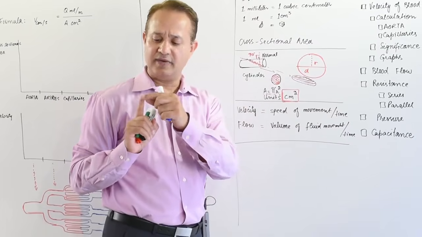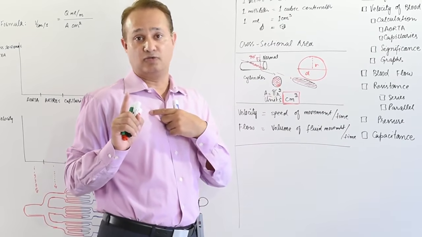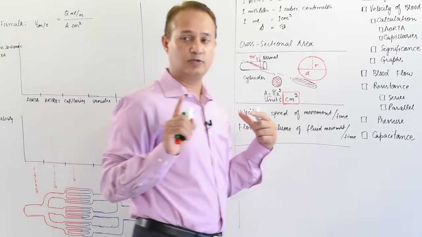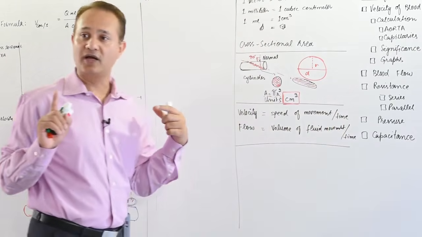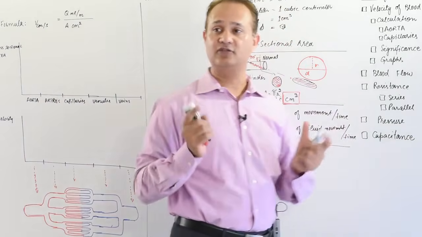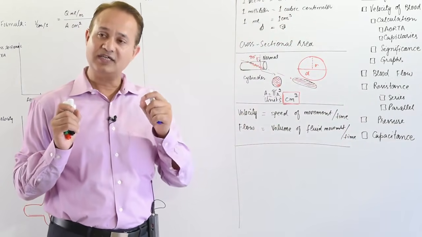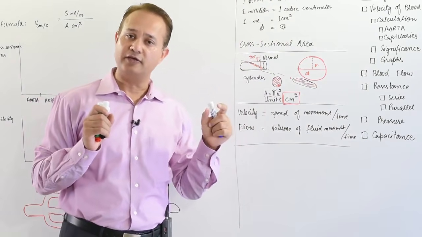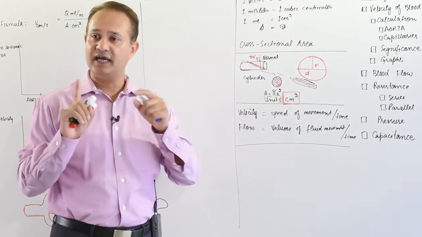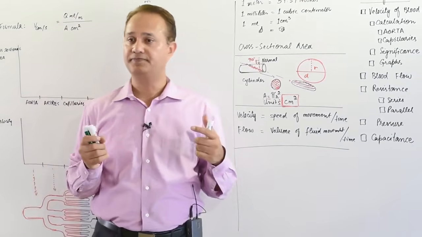So here, imagine if this is an RBC, and imagine the blood volume is about 1 liter. If this whole thing is moving together, then the velocity of the RBC and the velocity of the rest of the 1 liter of blood is the same. So velocity doesn't have much to do with the volume. Velocity is the speed of movement. Now, flow is the volume.